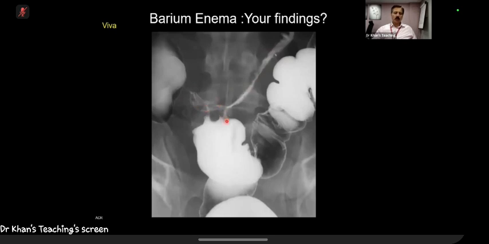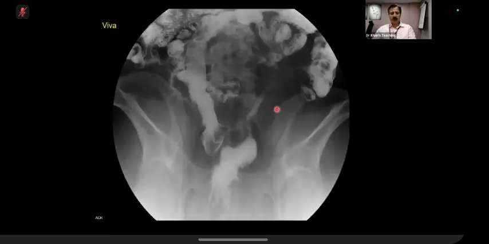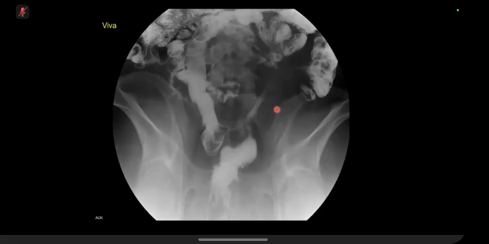So ileocolic fistula. Again, similar to previous, just tell me the fistulae. Between the sigmoid and terminal ileum, so ileocolic.